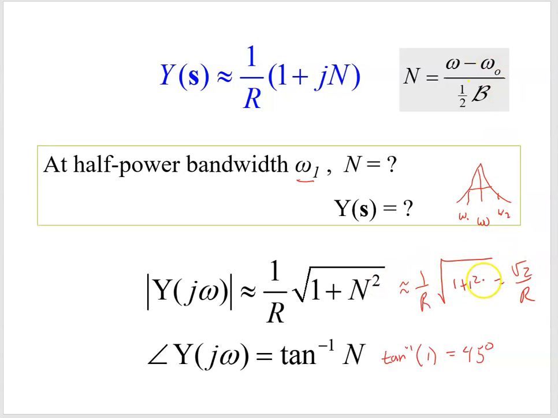So actually this is for omega 2. At omega 1, we're actually going to be at tan inverse of -1, so that's going to give us -45 degrees. Magnitude will be the same. Angle, we're going to get -45 degrees for the lower half bandwidth frequency.